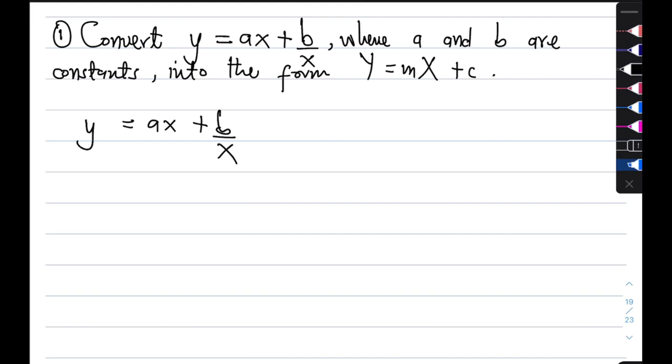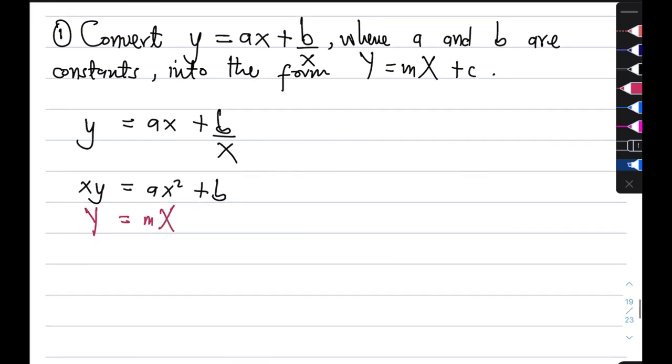Well, you can first decide to multiply through by x, right? Since this x is the denominator of the fraction. So just multiply through by that. You are going to get xy is equal to ax squared plus b. All right. Now, if you have this particular expression, you can compare this with our big Y is equal to m big X plus c.